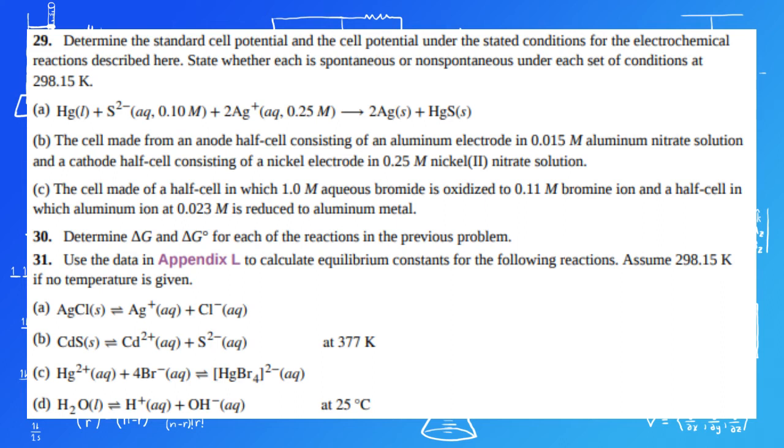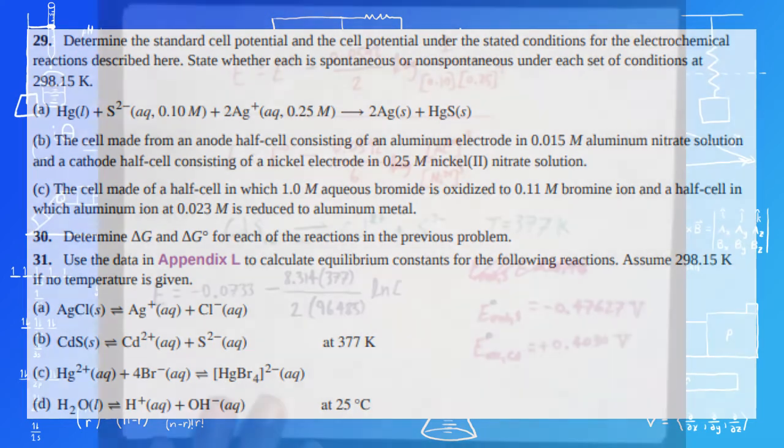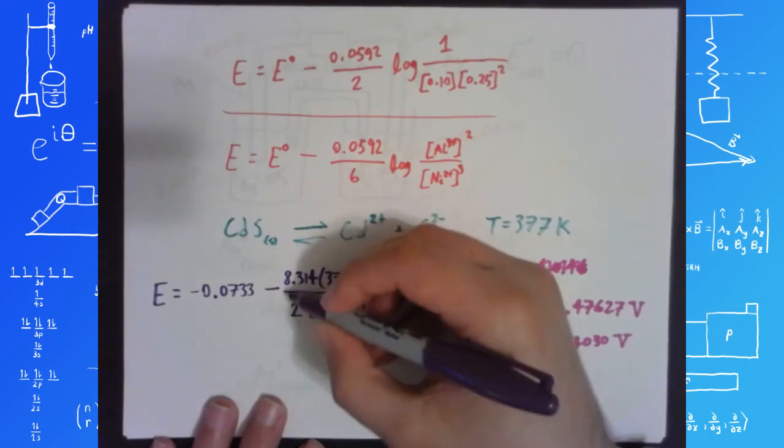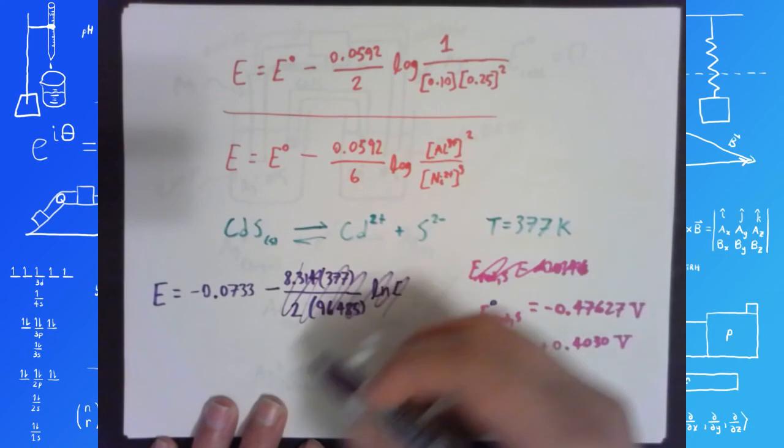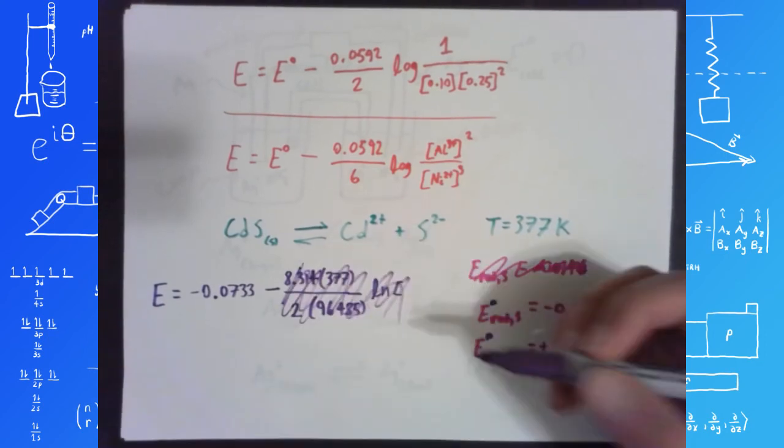Okay, they just want the equilibrium constants, which are calculated from standard delta G values. Okay, we don't actually need this part after all. Never mind, we don't need this part at all.